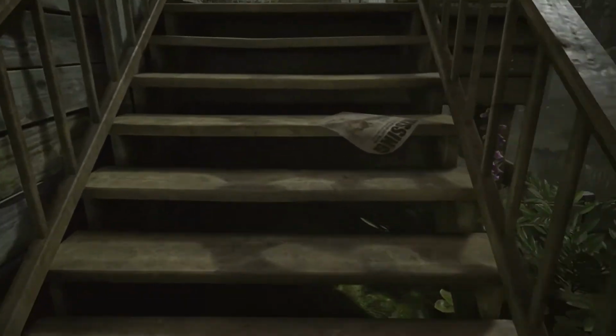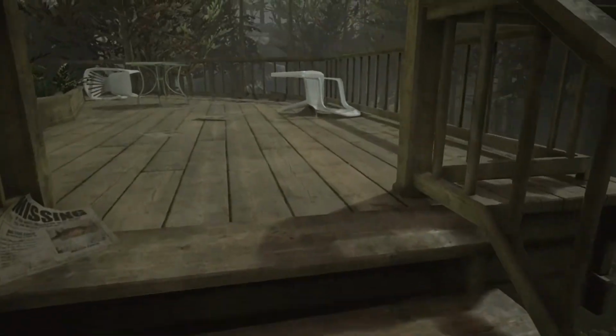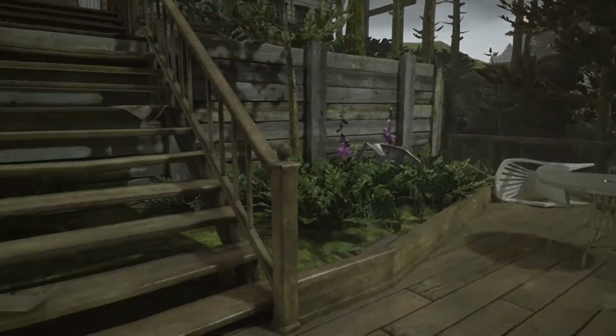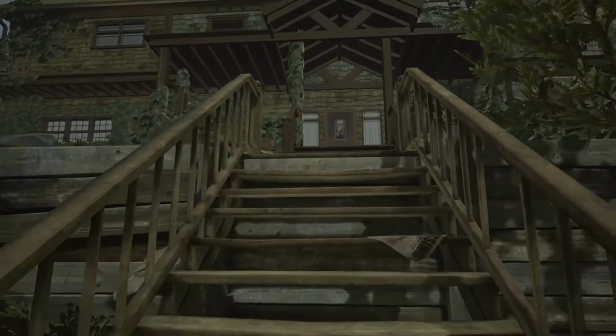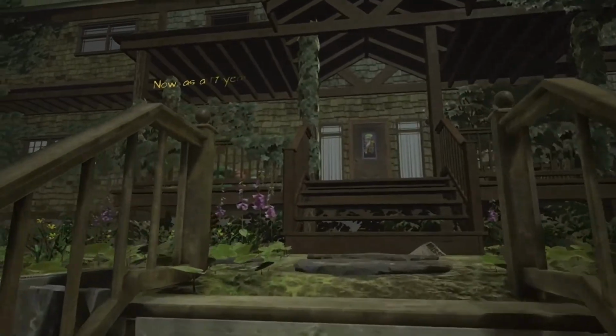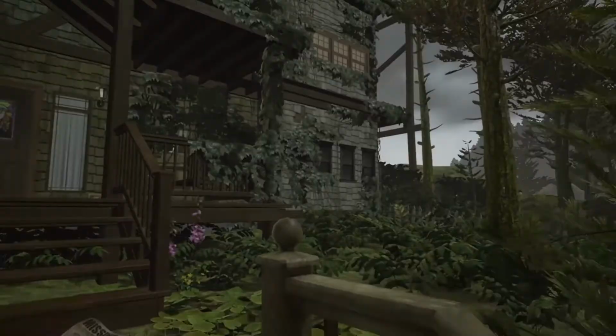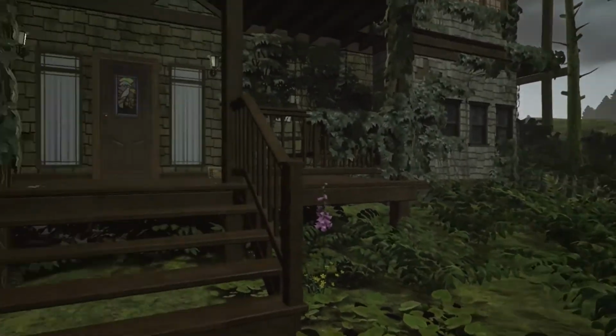More missing posters that have been laying out here all this time. Now you hear the hollow footfalls on stairs. Now, as a 17-year-old, I knew exactly what those words were. I was afraid of the house.